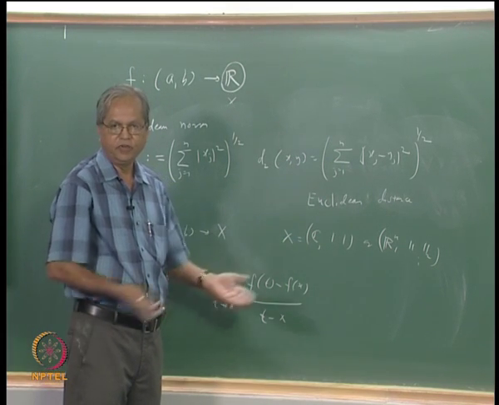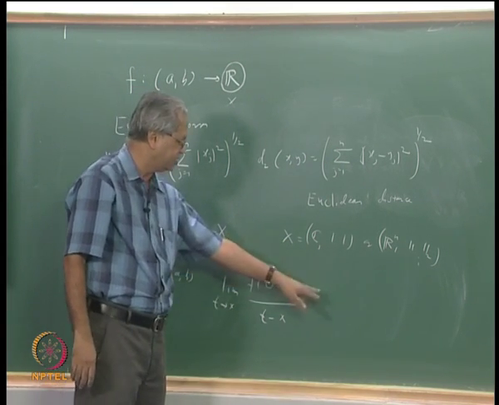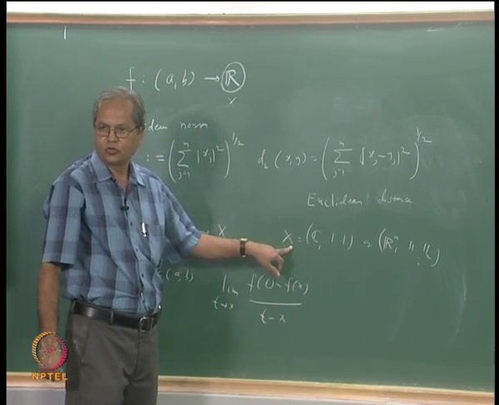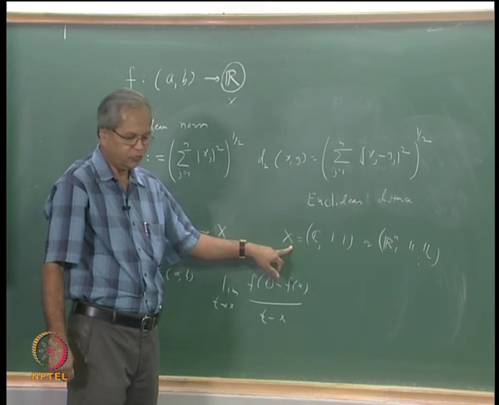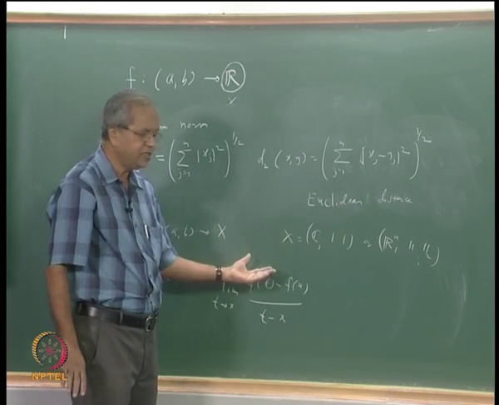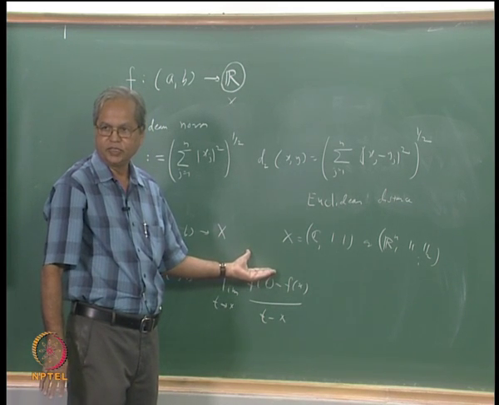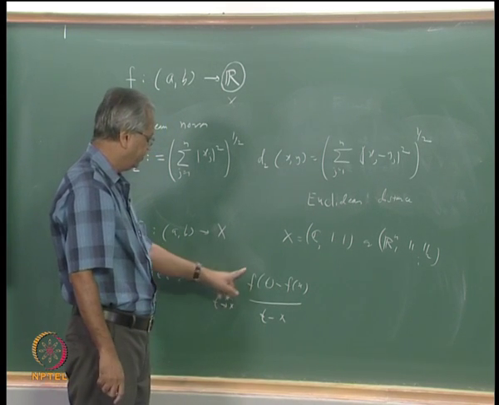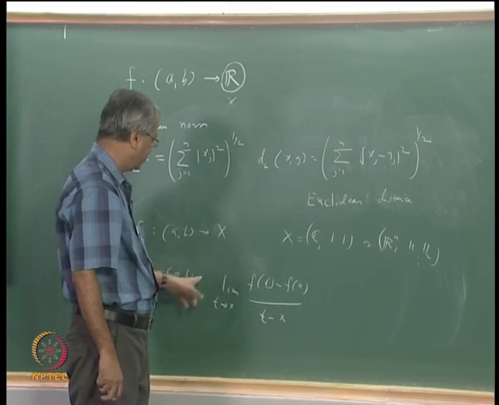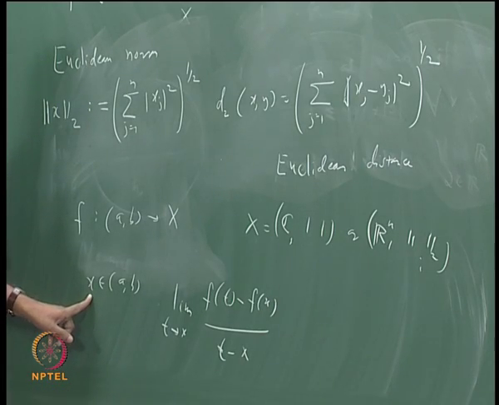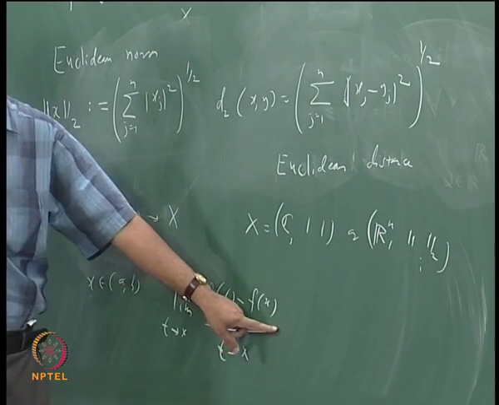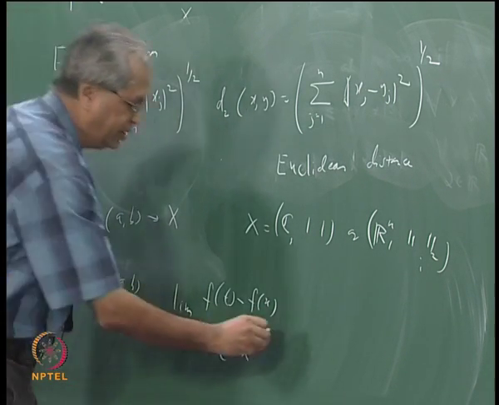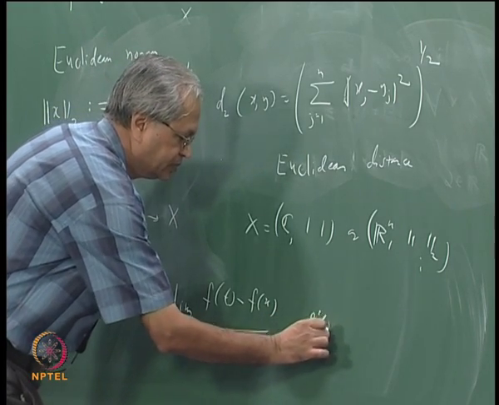This limit will also be some element in X, whenever it exists, and we can define it in the usual way: given epsilon there should exist some delta bigger than 0, etc. If this limit exists, we shall say that the function is differentiable at this point x, and whatever that limit is will be called the derivative of f at that point x, and we shall denote that as usual by f prime of x.